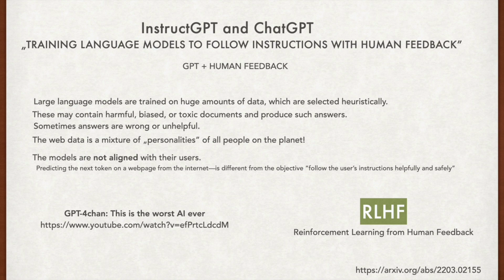So, using only 1.3 billion parameters, we had a model which behaves better than the large 175 billion parameters GPT-3. The authors showed that, citing the original paper, InstructGPT models show improvements in truthfulness and reductions in toxic output generation while having minimal performance regressions on public NLP datasets.